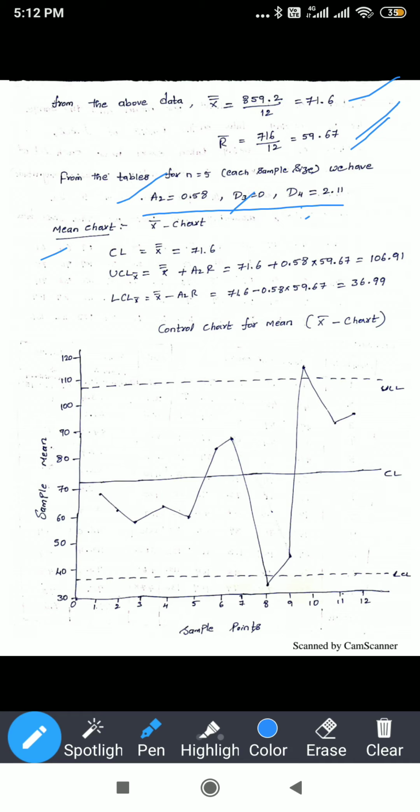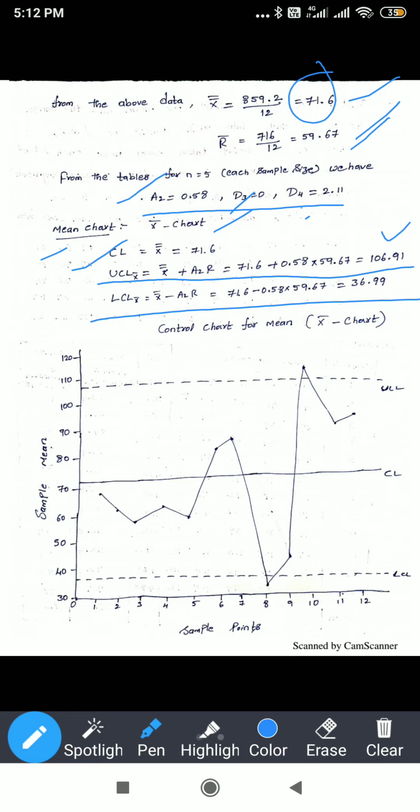Now come to the mean chart. In this mean chart, the central line, that is x double bar, is 71.6, and for UCL you already know the formulas. Compute the UCL as x double bar plus A2 R bar, and substituting the values you got 106.91.